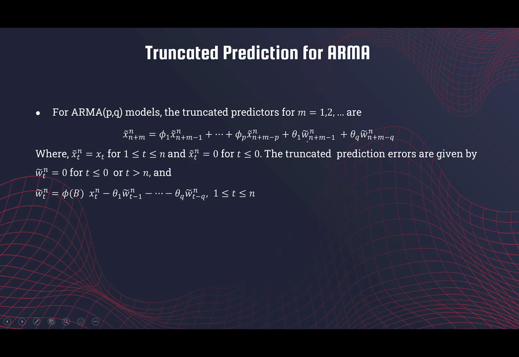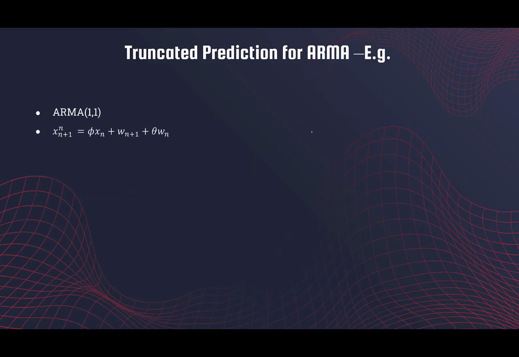This is an ARMA(1,1). So m is equal to 1, we have basically theta times w tilde_n^n. So that's the equation we have here. If you go back and substitute m is equal to 1, this is exactly what you get.